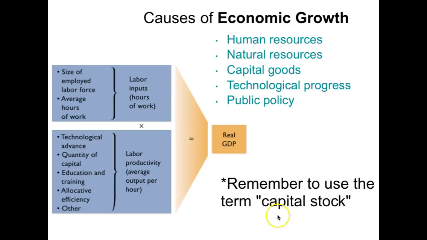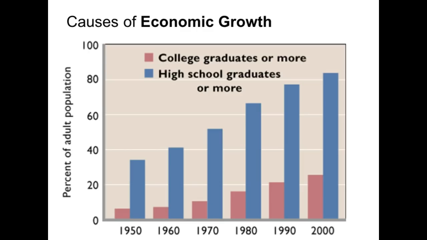Because the AP readers really want to make sure that you understand that investing doesn't mean buying stocks and bonds. Investing means buying new capital and adding to the nation's capital stock or the nation's total inventory of capital. When the nation adds to its inventory of capital, that is what creates the opportunity for economic growth.